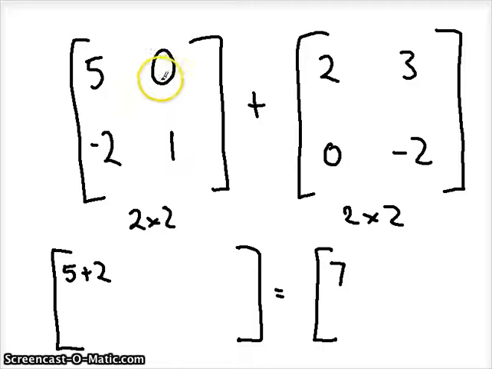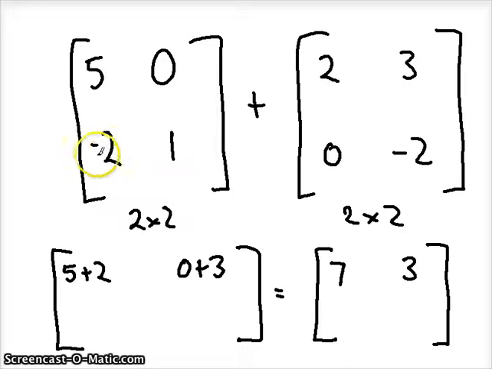Move on to the next corresponding spots. Top right here, 0 and 3 are corresponding, so we combine those and write their sum as the outcome total there. Again, go to the bottom left or second row, first column. -2 and 0 correspond, so let's add those together and write our sum in the outcome matrix.